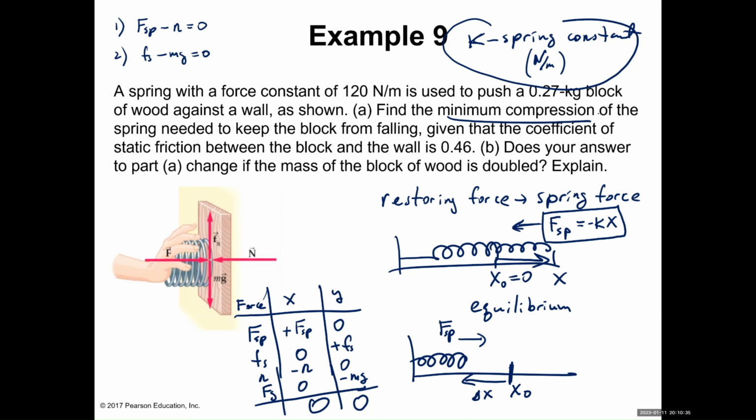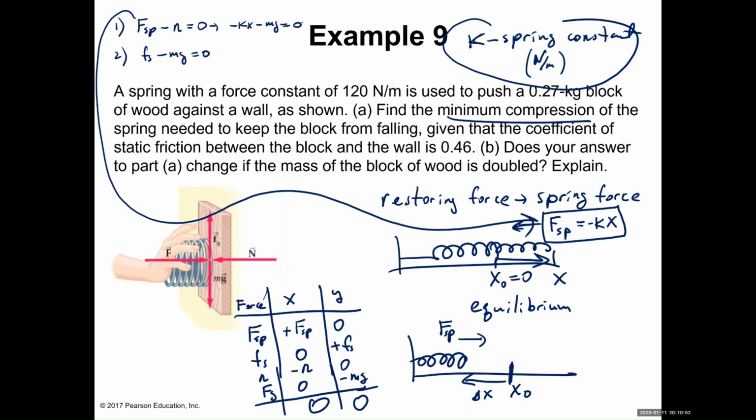I don't see any compression information in this equation unless you remember that spring force is equal to kx. That means the equation is technically negative kx minus mg equals 0.